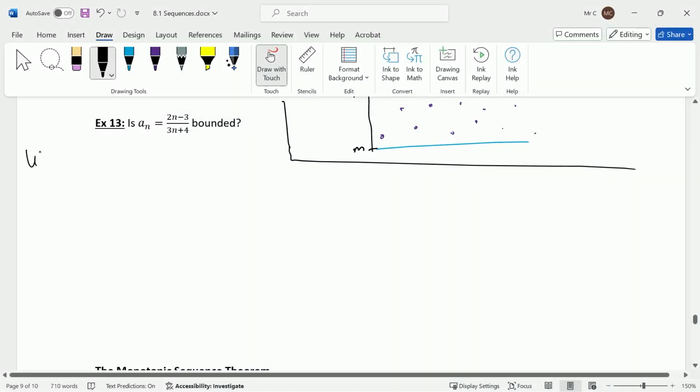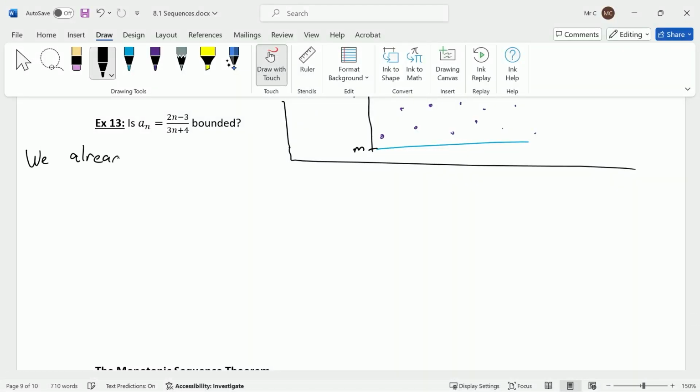So we already know that a sub n is increasing. And if a sequence is increasing, that means every term is bigger than the first term, which means all of the terms in this case are bigger than what we get when we plug in 1, which is negative 1 over 7.